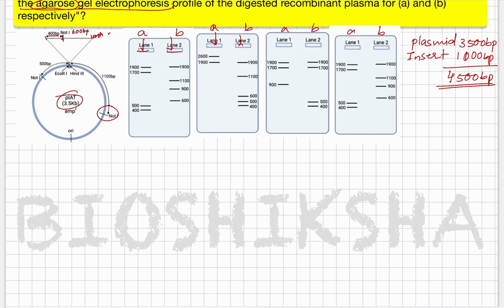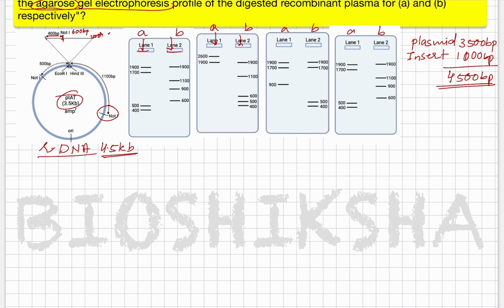After the insertion, this DNA is called rDNA, or recombinant DNA. So the recombinant DNA size is 4.5 kb, or kilobase.